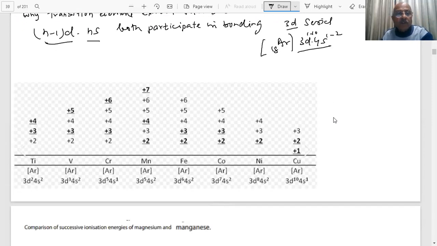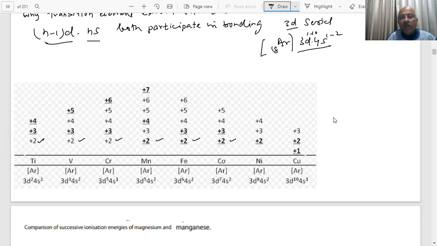And here is a list, students. For example, see, this is a configuration of titanium, vanadium, chromium, manganese. You can see titanium shows +2, +3, +4, vanadium +2 to +5, chromium. Because how many electrons are there? Look, important point. +2 is shown by all. You see the +2? Yes or no?